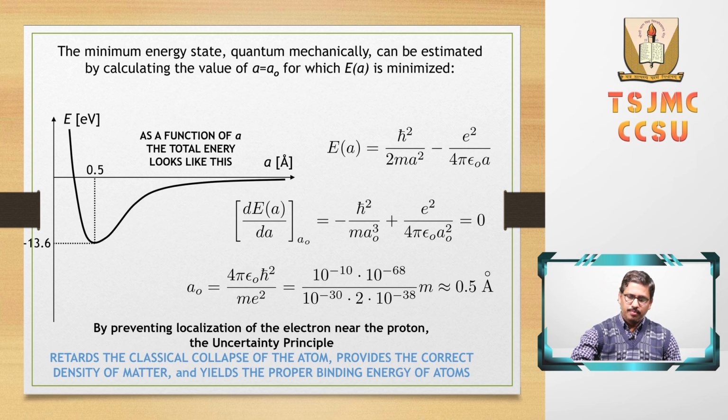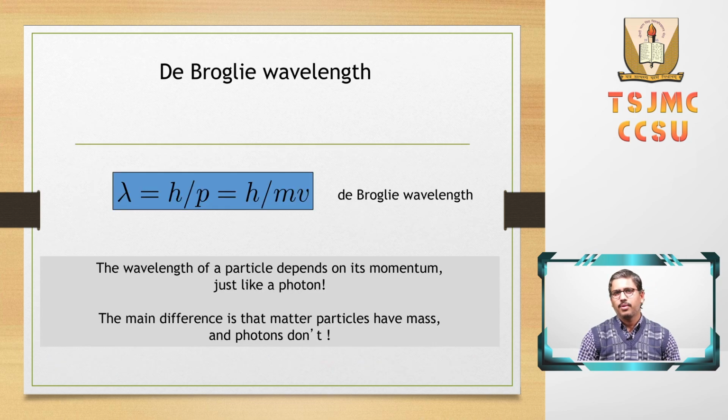Another important property of quantum mechanics is the de Broglie wavelength. As we know, a microscopic particle possesses a dual nature. We know that light has a dual nature: it acts as a wave as well as a particle. Can a particle also behave like a wave? Yes, it's true.